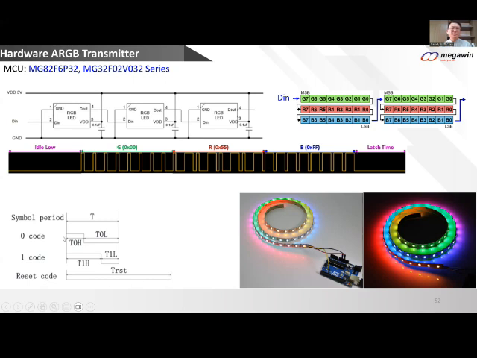So we provide this kind of byte-to-bit transmitter to the correct format, and then you can just write. The customer will only need to write the display information in the buffer, and then the hardware will transfer it to the LED.